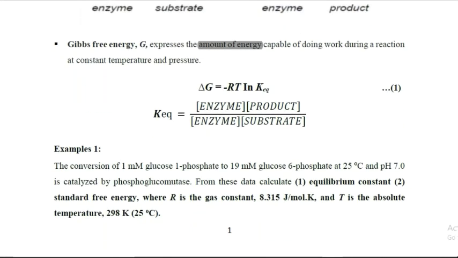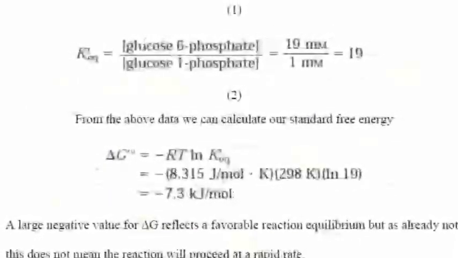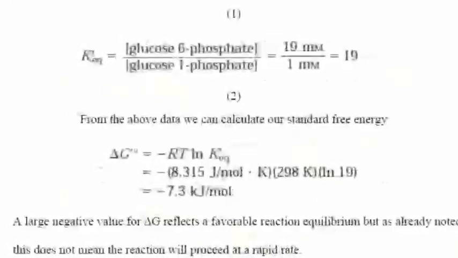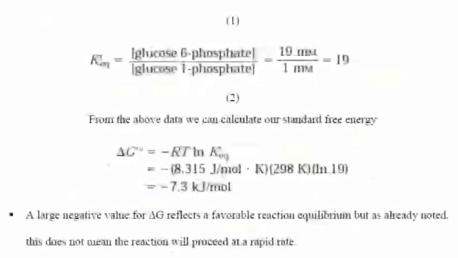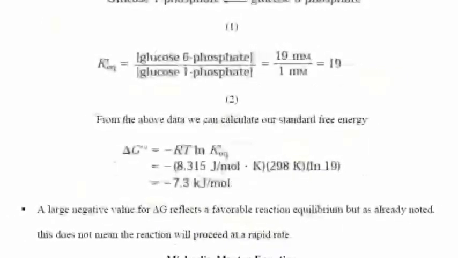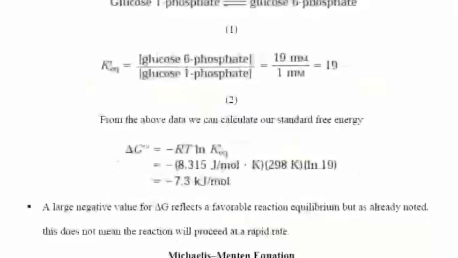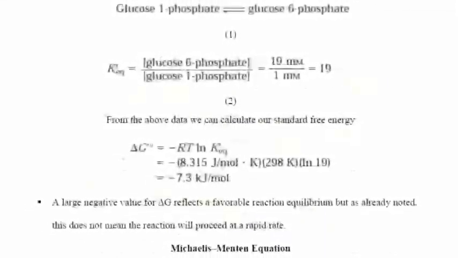So all you do is to first of all find the equilibrium constant, which is the product over the substrate, and that's why we have glucose 6-phosphate over glucose 1-phosphate, and that's 19 divided by 1. So the value will be 19.